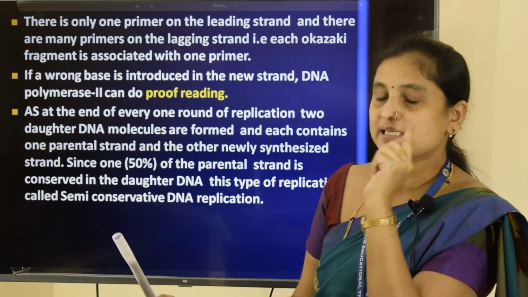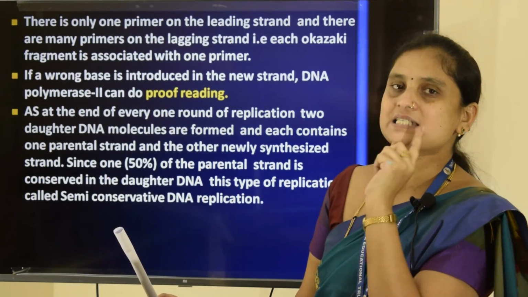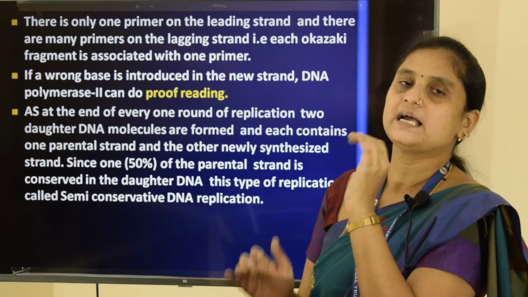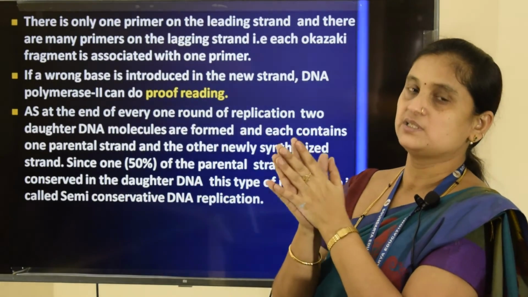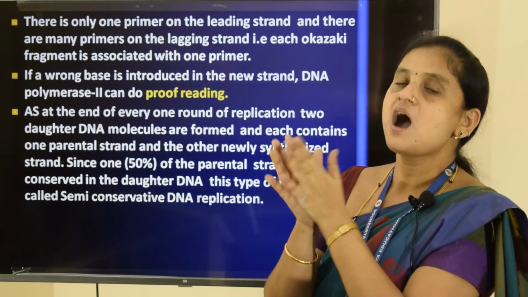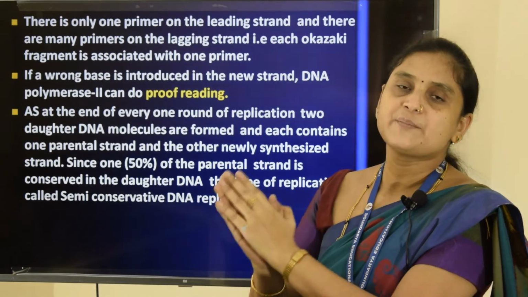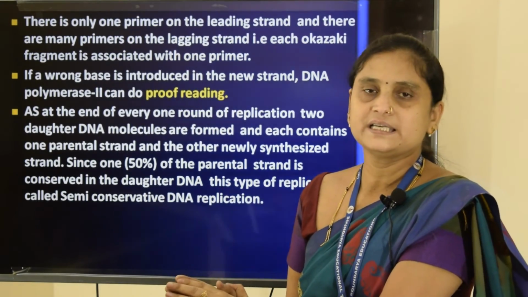Since one of the parental strands is passed on to the newly formed daughter DNA, that is equal to 50%. Hence semi means half. So this type of replication is considered a semi-conservative method of DNA replication.